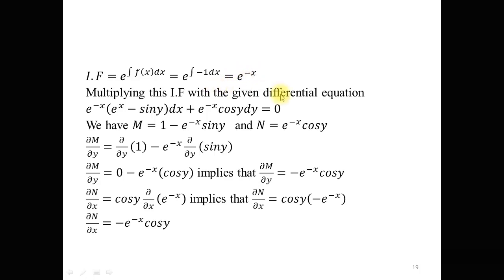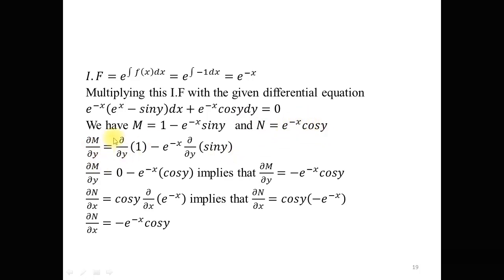Now multiplying this integrating factor to the given differential equation, we obtain e power minus x into (e power x minus sin y) dx plus e power minus x cos y dy is equal to 0. Now this is the new M function, 1 minus e power minus x sin y, and this is the new N function, N is equal to e power minus x cos y.